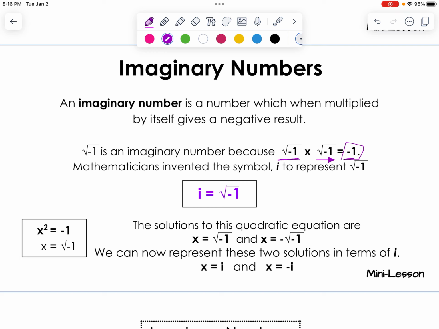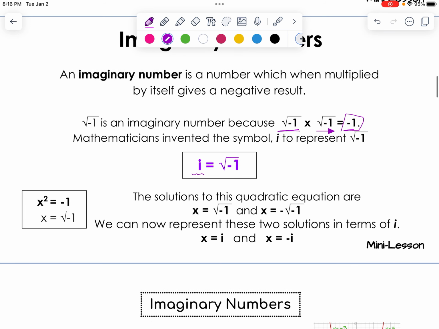And so, in order to simplify this down, because the square root of -1 is a lot to write every single time, mathematicians decided to invent the symbol i. I mean, did they invent it? I don't know. It's just the first letter of the word imaginary. But i is how we're going to simplify the imaginary number square root of -1.